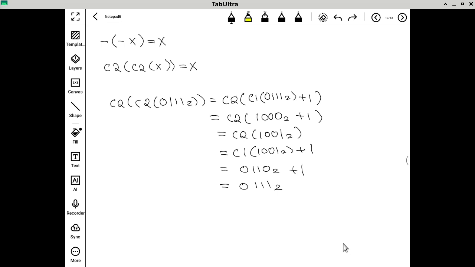You mean from this expression to this expression? This is by definition, C1 of something is a bitwise not of the bit pattern, and that's why we ended up with 1000 in base 2. That is its definition. I'm just carrying out the actual operation. Yes, exactly. Yep. All right.